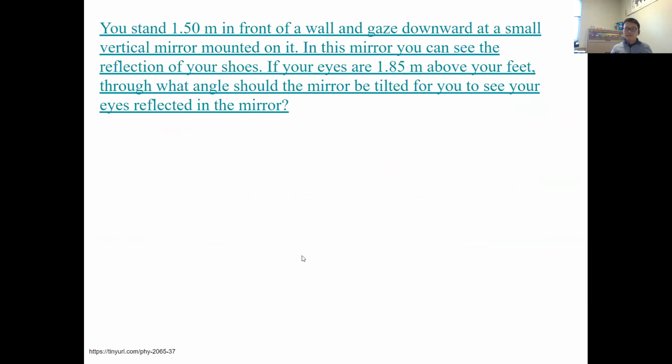Let's take a look at this example here. It says you stand 1.5 meters in front of a wall and gaze down at a small vertical mirror mounted on it. In this mirror, you see the reflection of your shoes. If your eyes are 1.85 meters above your feet, through what angle should the mirror be tilted for you to see your eyes reflected in the mirror?